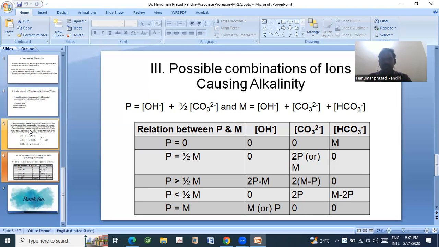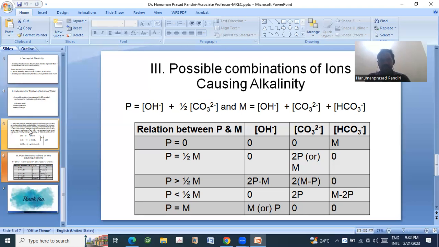If it is 0, which indicates OH minus concentration is 0 as well as CO3 2 minus concentration is also 0, then only P will be 0. That means the first case or the first relation P equal to 0 is valid only when OH minus concentration as well as CO3 2 minus concentration are 0.